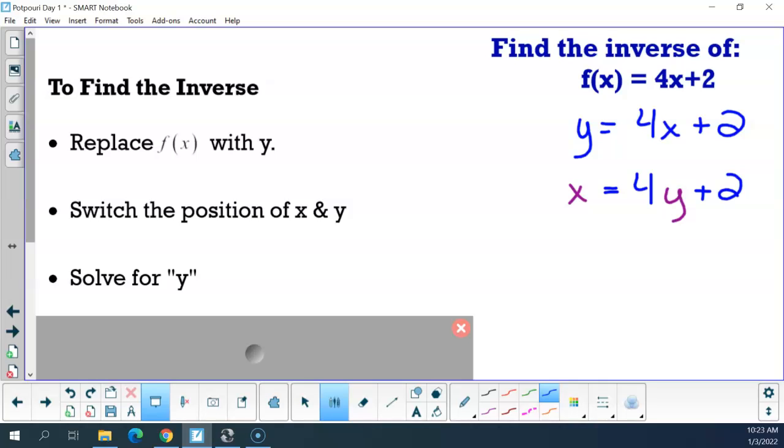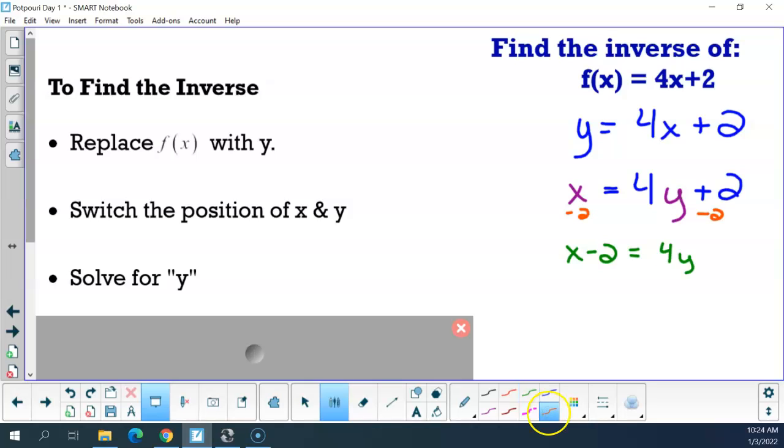So how would I solve x equals 4y plus 2 for y? Subtract 2 to get y by itself. First we subtract 2, and that becomes x minus 2 equals 4y. And then divide everything by 4.